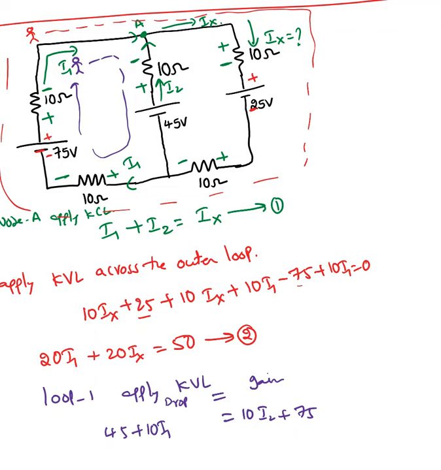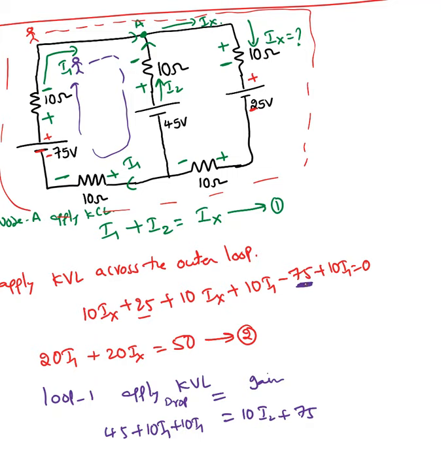And that's a drop, plus 10 I1. This is the equation. What I did in the previous case, I always practice this: if you are entering the positive terminal, take that as positive, entering the negative terminal, take that as negative, and make it equal to 0. Even the gain part, I wrote on this side.